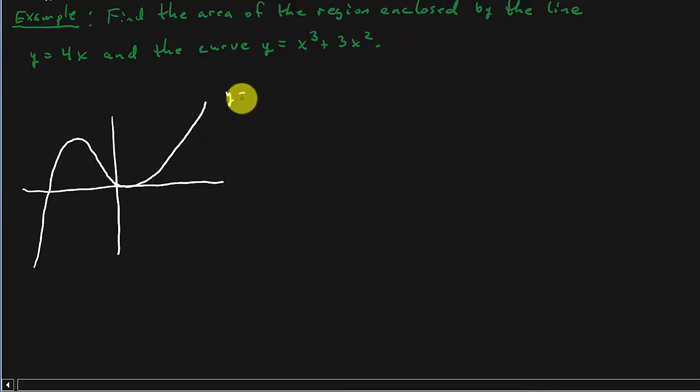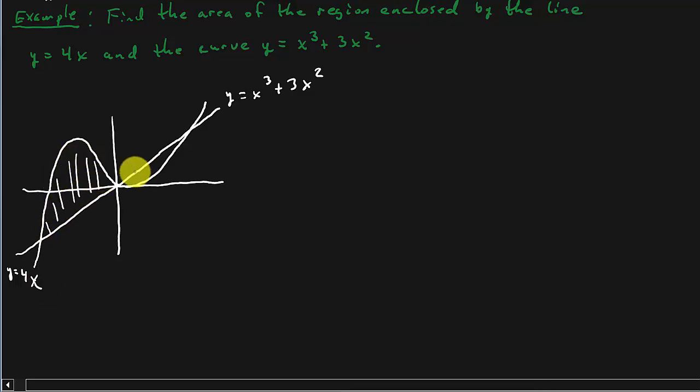So this is y equals x cubed plus 3x squared. And then we've got the line y equals 4x. That's just a line that goes through the origin. This is our y equals 4x. And so basically what we're looking for is this area right here. Okay.